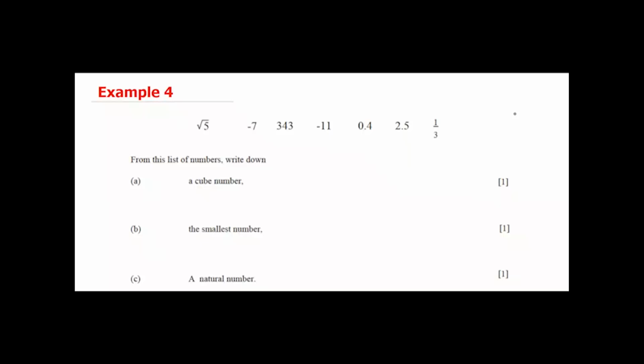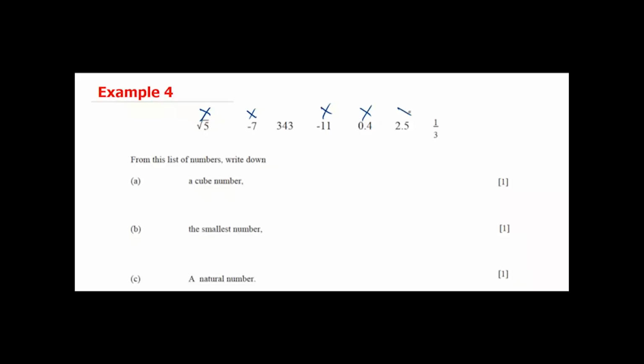Let's go to the fourth one. From the list of numbers, write down a cube number. So which one will be a cube number here? You have to check. Of course, it is not this. It can be this. It can be this. It can be this.